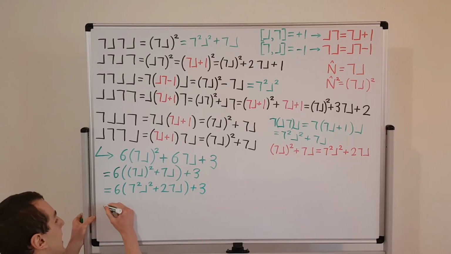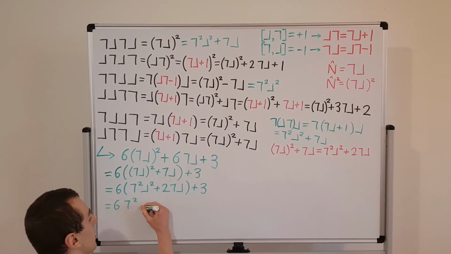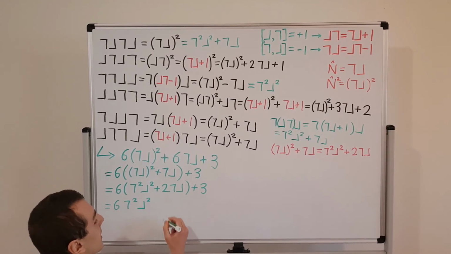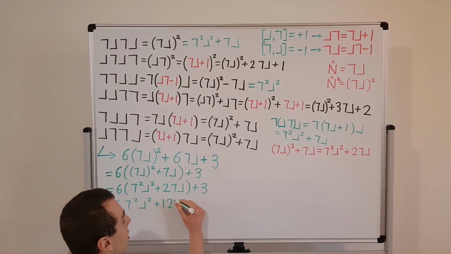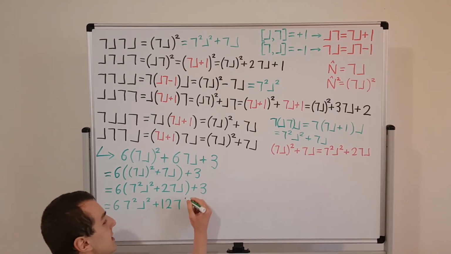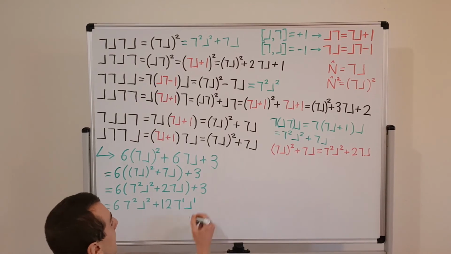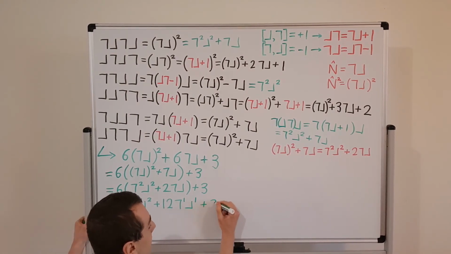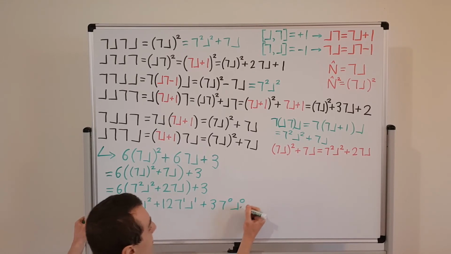We can expand this out. That's going to give us 6 raise squared, lower squared, and then we're going to have 12 copies of raise, and I'll explicitly write this as raised to the power of 1, lower to the power of 1, and then we have 3 raised to the power of 0, lower to the power of 0.